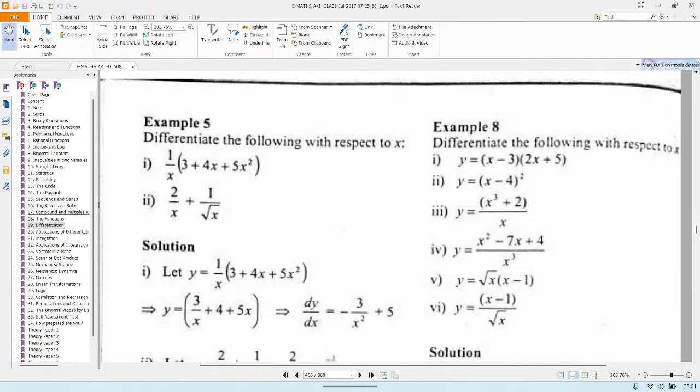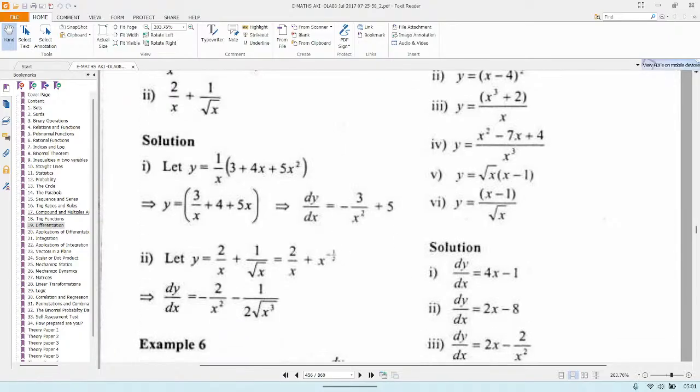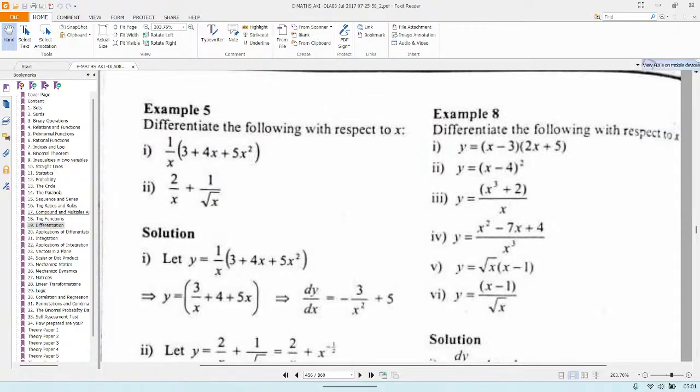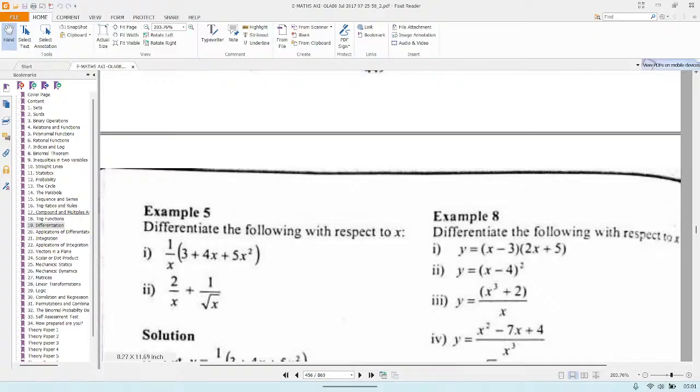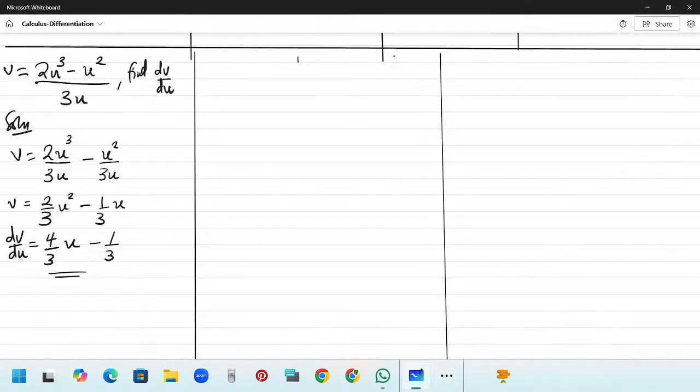The next one, you separate them and rewrite them: 2 over x plus 1 over x. This one you can rewrite as 2x exponent negative 1, right?